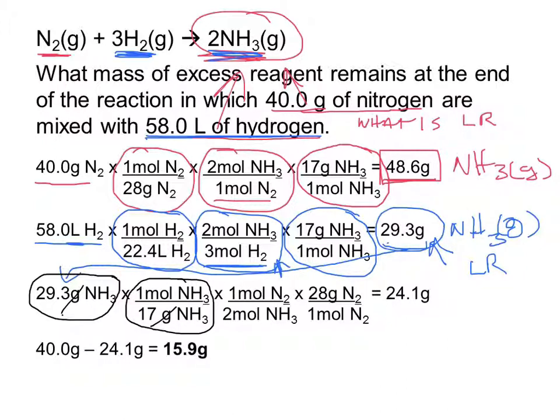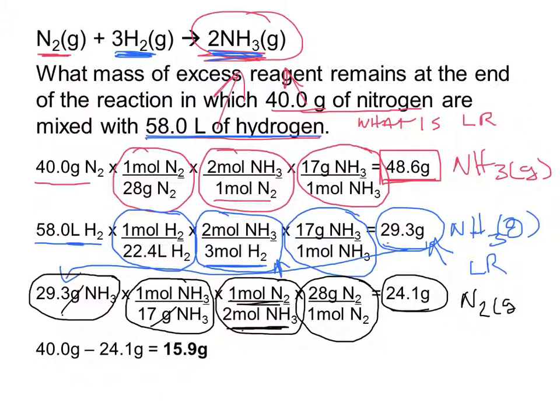I go back to my balanced equation, and I know that for every 2 moles of ammonia that I make, I need 1 mole of nitrogen gas. Then I convert back out into grams again. And I know that I only need 24.1 grams of N2 gas to fully react with all 58 liters of hydrogen to give me 29.3 grams of ammonia.